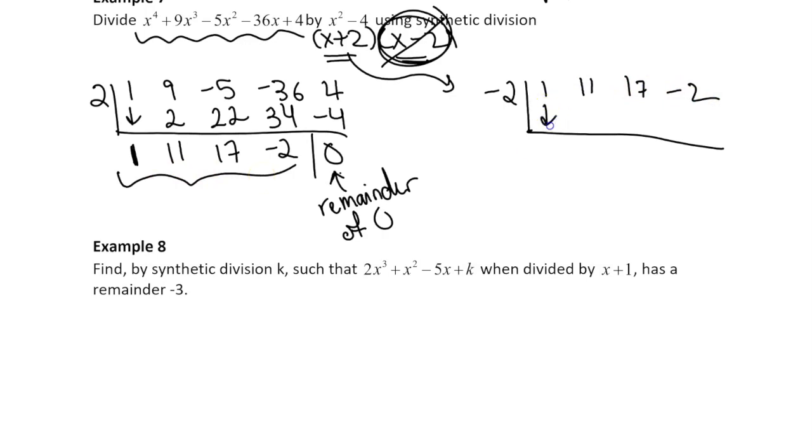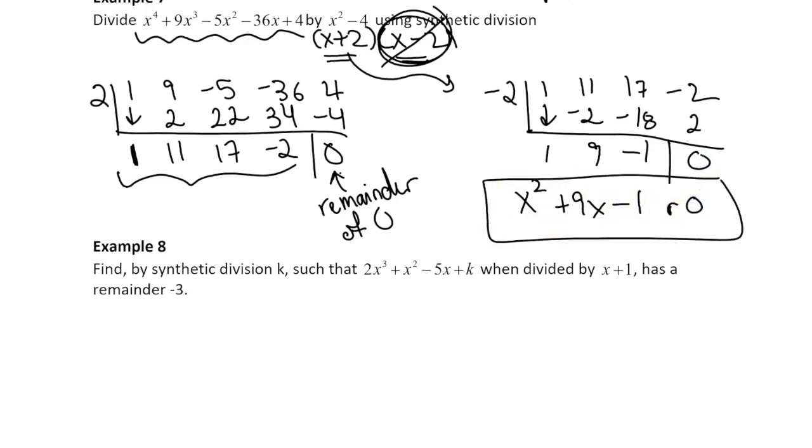And when you do synthetic division a second time, we get x squared plus 9x minus 1 remainder 0. And that would be our best solution.